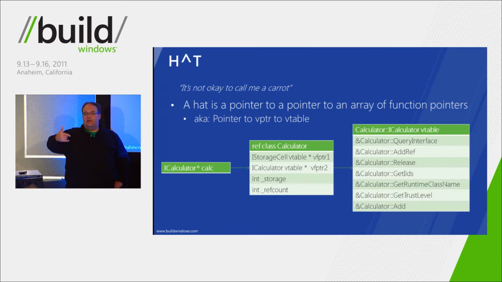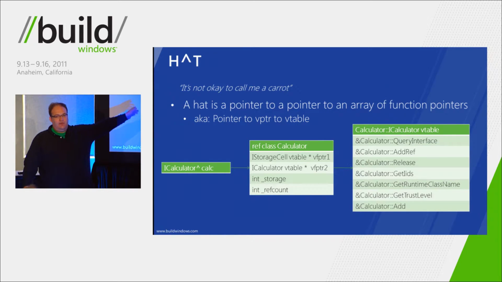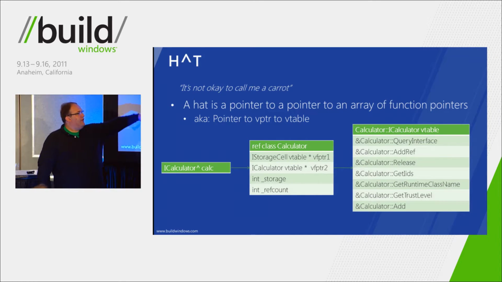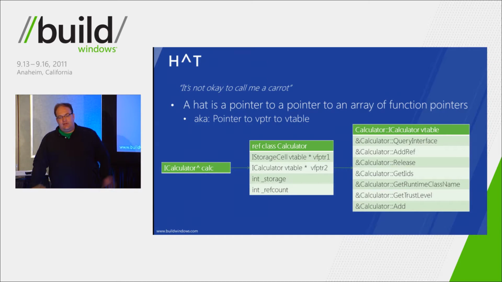It looks through the WinMD file and says, OK, I found the add function on this iCalculator interface, and it's in vtable slot number 6, which is how I can call into it. Now remember, that's what we did previously in the demo. We called into vtable slot number 6, and that's why: the first 5 slots are reserved for what's called the IInspectable interface, and our user-defined virtual function then goes into slot number 6.